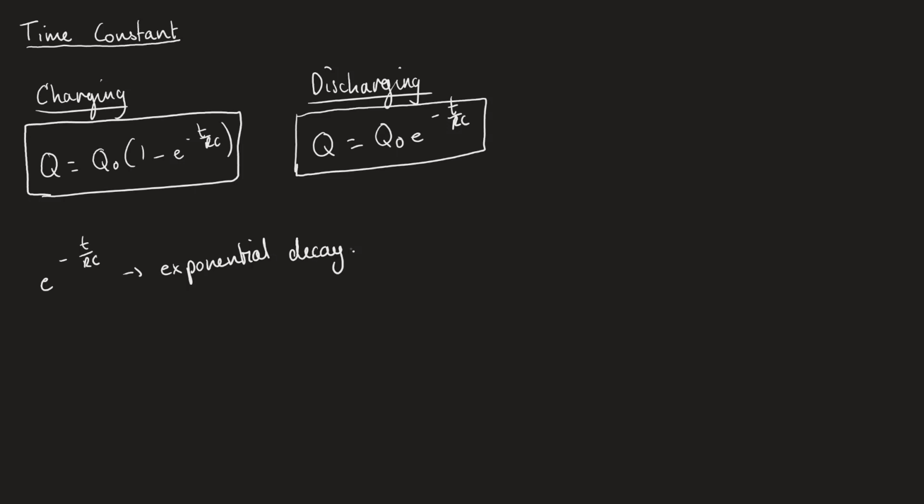If any of you haven't done the A-level maths spec, this is the point where you will start to separate from the people who are familiar with exponentials. So I'm going to go through a very brief introduction to exponentials and how they work, and we're going to use those to explain how we can use these equations to calculate things like the time for each charge and so on.